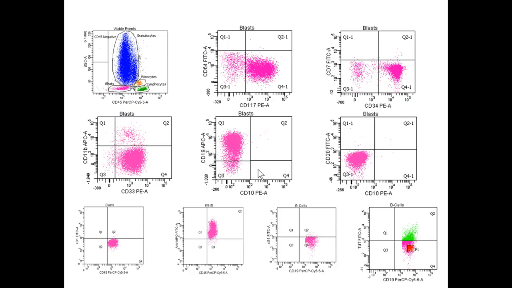This patient also, by flow cytometry, had only a tiny number of immature CD45 dim blasts that co-expressed myeloid markers, as well as the lymphoid marker CD19. So this is a myeloid tumor expressing CD19 and also expresses dim TdT.